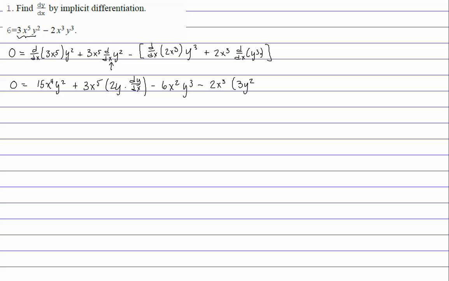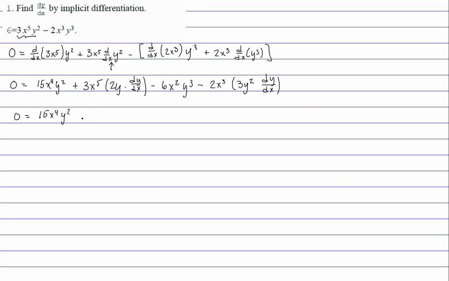And remember, that would have been the derivative of this with respect to y. Change it into x by paying the price with dy dx. And so now I have this expression. Let's just multiply things out. And we get 15x to the fourth y squared.